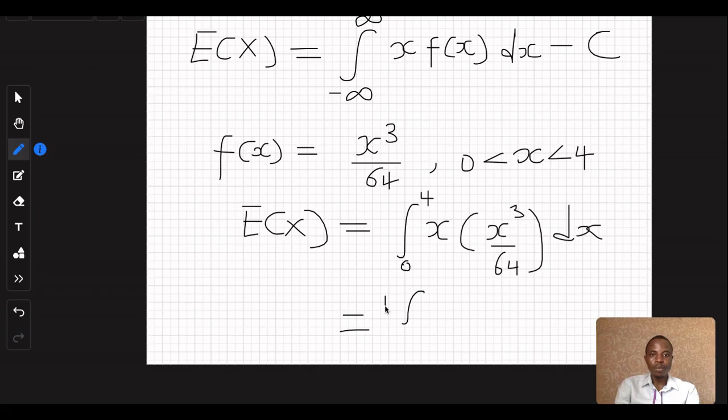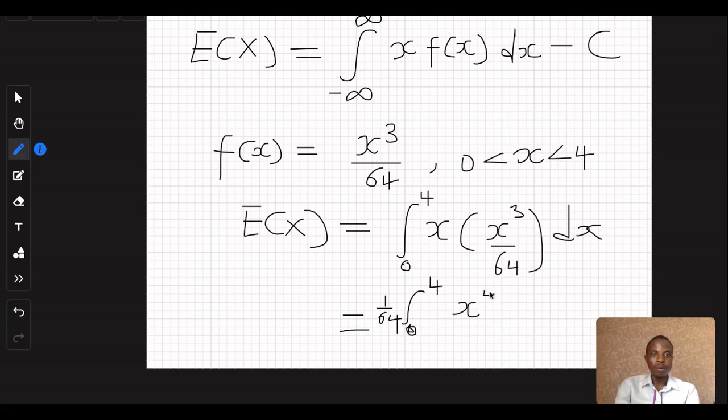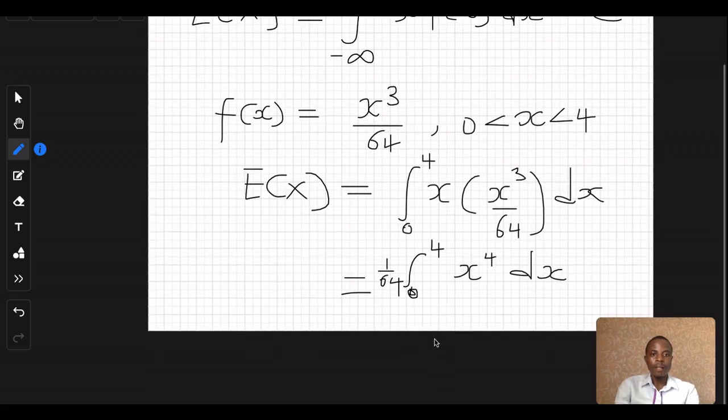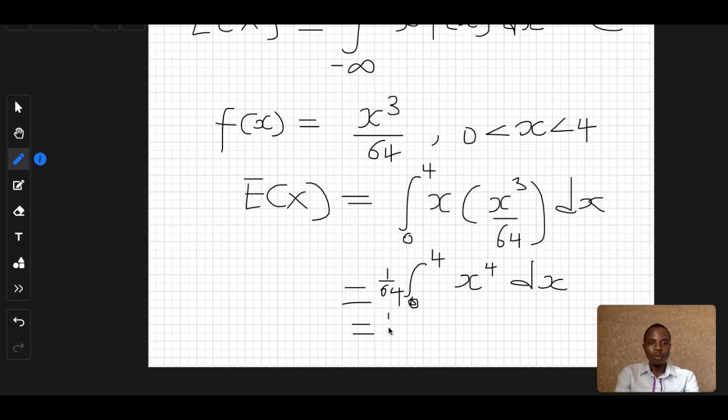So we can put 1 over 64 outside, and the integral from 0 to 4 of x raised to the power of 4, because the x here will multiply the x raised to the power of 3, with respect to x.